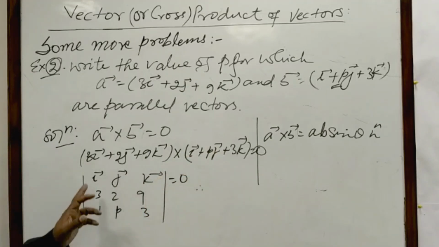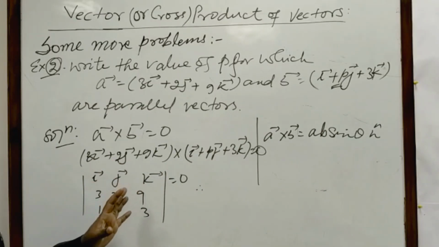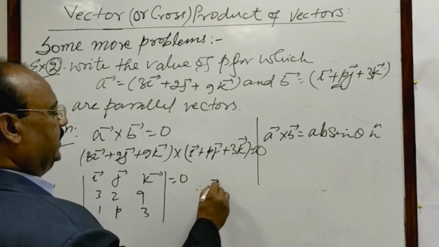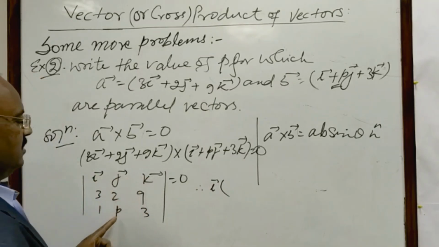Now let us find the cross product with the help of expansion of the determinant. So i times, omitting the first row and first column, 3 into 2, 6 minus 9p.